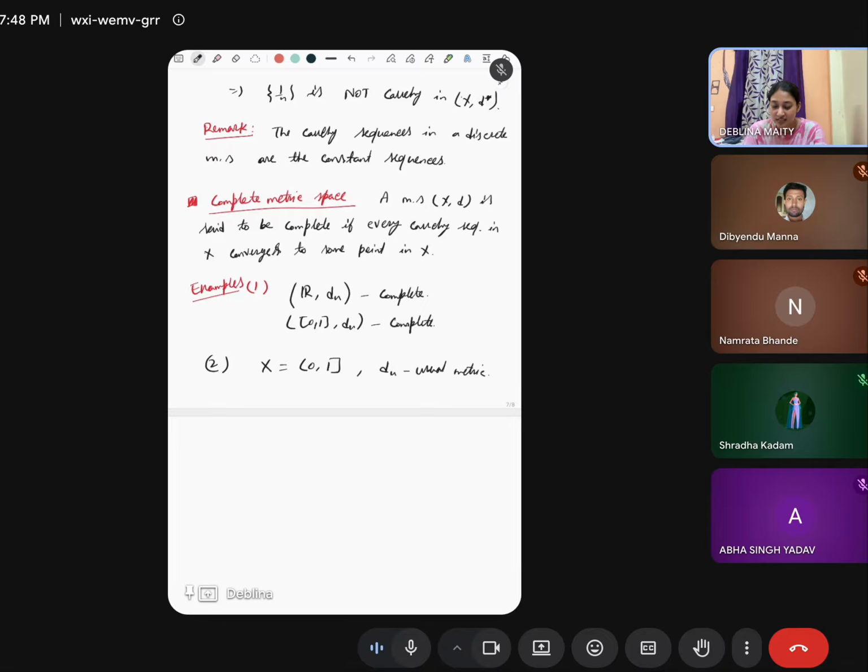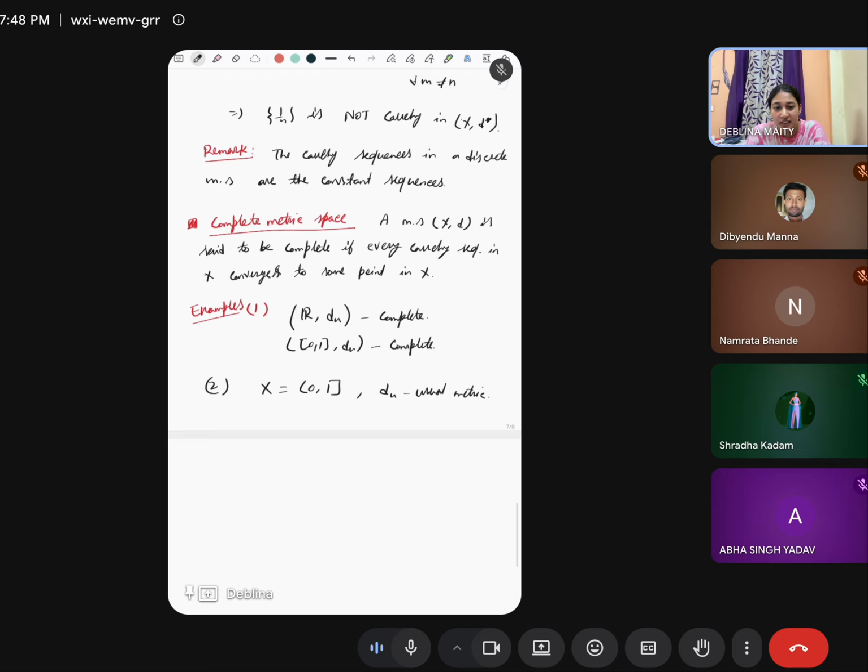We have already seen the sequence 1/n. So is it complete? This is an easy question, you have to answer. Okay, so this metric space is not complete. Why?